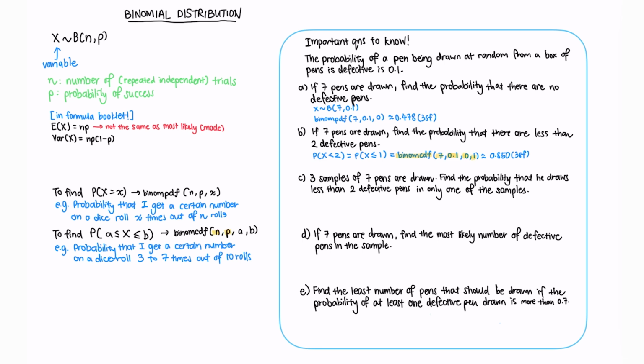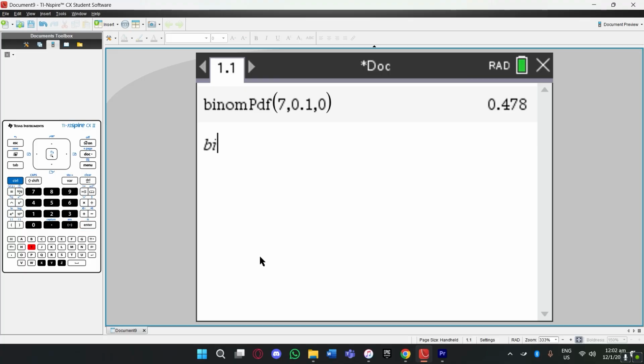And over here, 0 to 1 is the number of defective pens that you actually want to draw. So that's the range that we'll be providing over here. For binom CDF, we do a similar thing. Just type in binom CDF 7, 0.1, 0, and 1. It doesn't matter the capitalization.